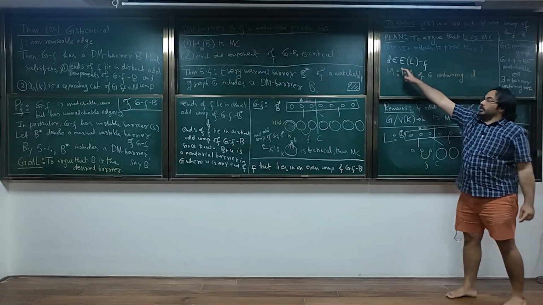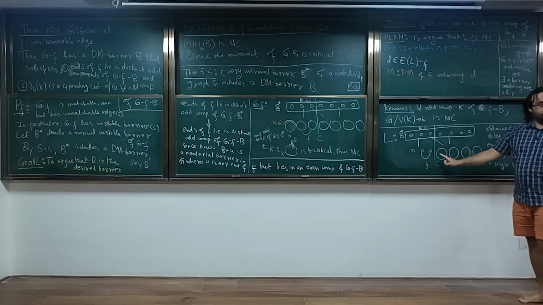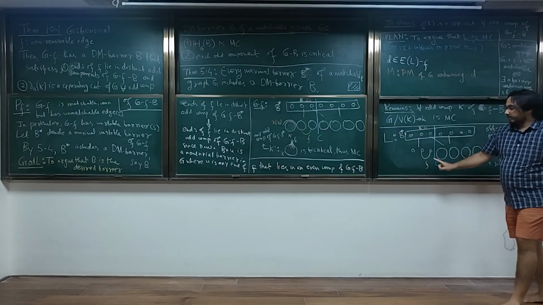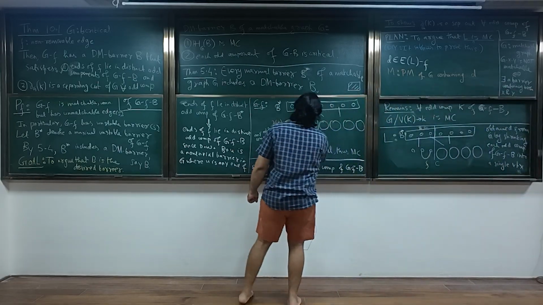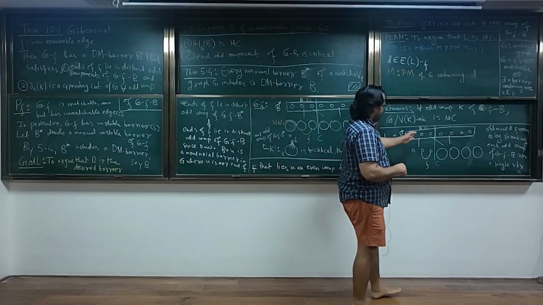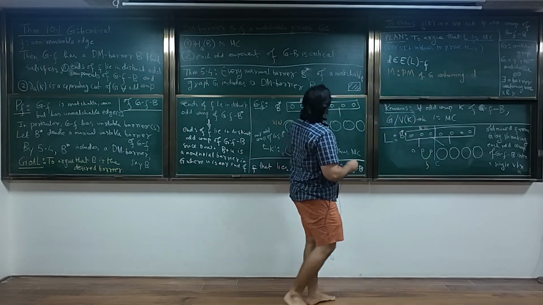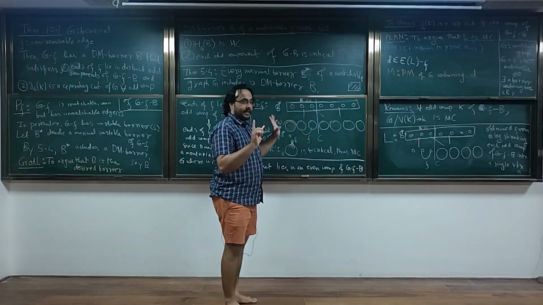I don't know where this edge is. This edge could be anywhere, but it is an edge of this graph. So it cannot be inside one of the odd components because those edges have disappeared when I shrunk. So I took an edge here, not F, and I am taking a perfect matching of the original graph containing that edge.